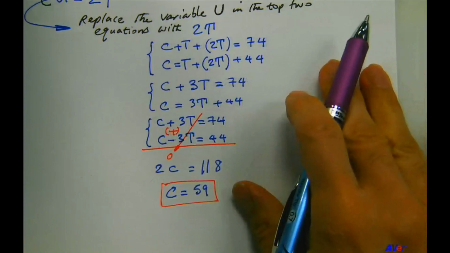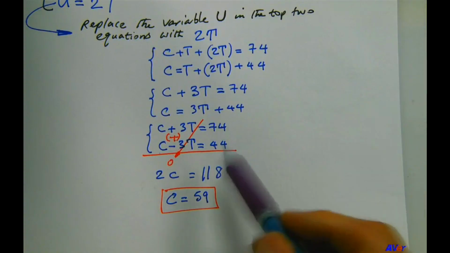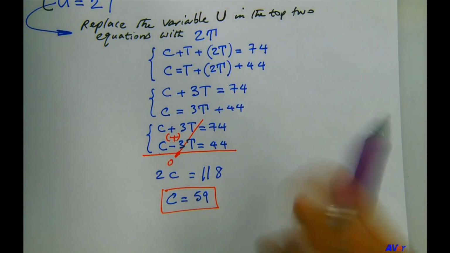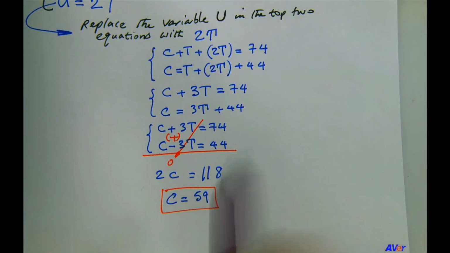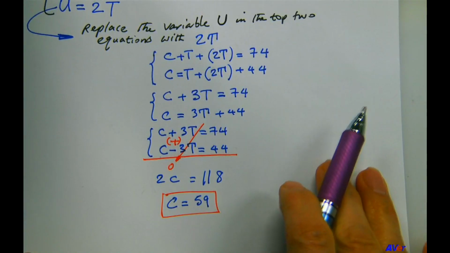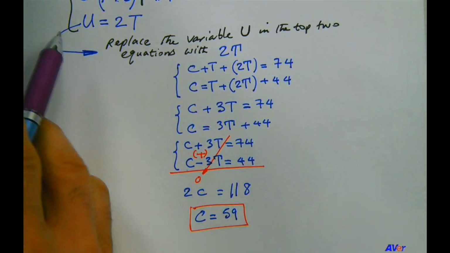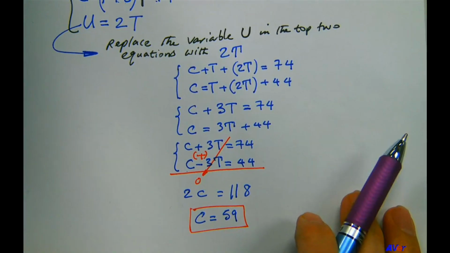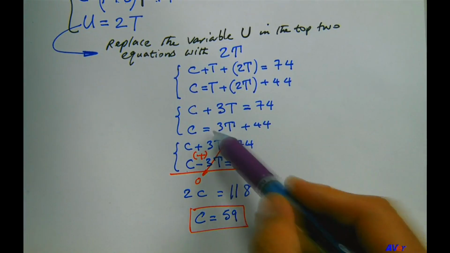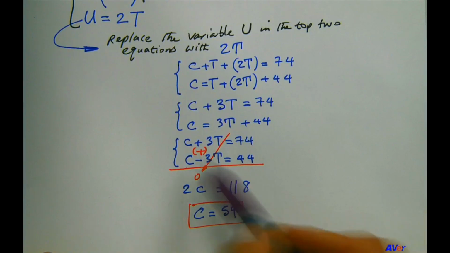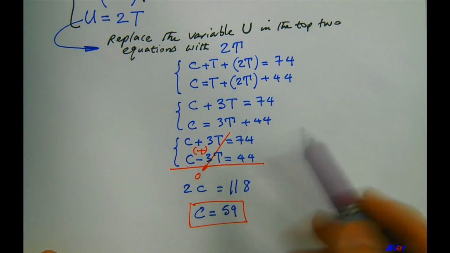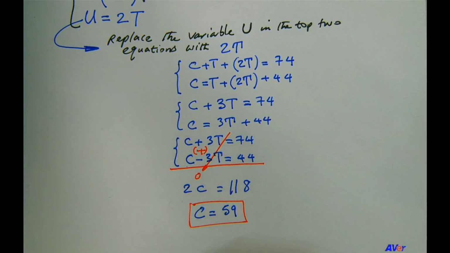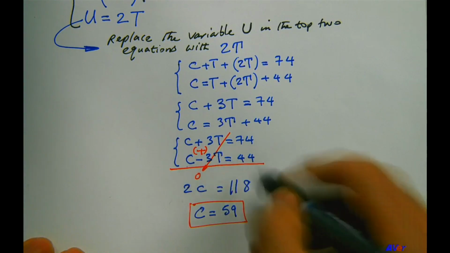What about the billions of tons of apples produced by the United States and Turkey? Let's find that out. Well, let's plug this into any of these two equations. It doesn't matter which one. I'll pick the bottom one.